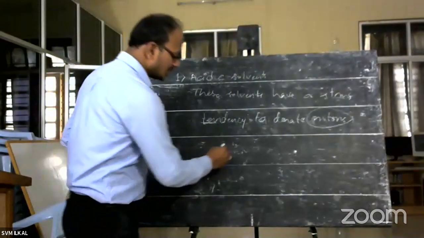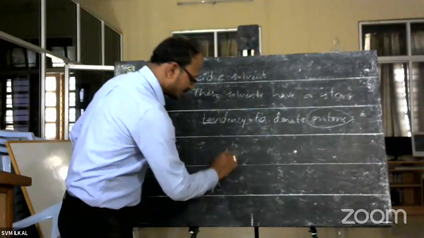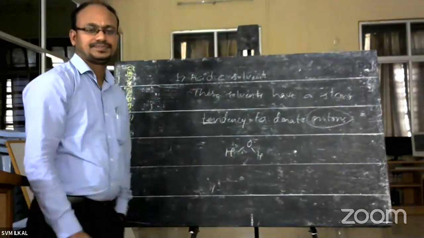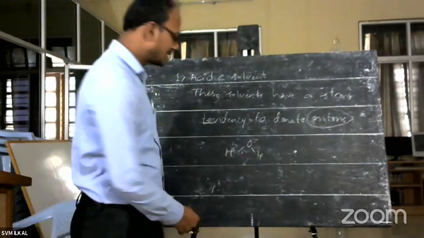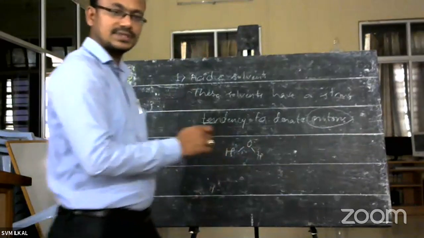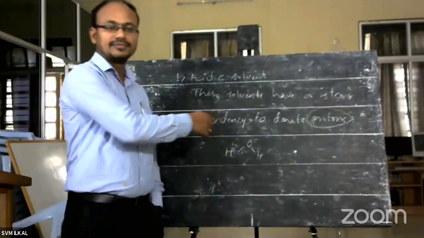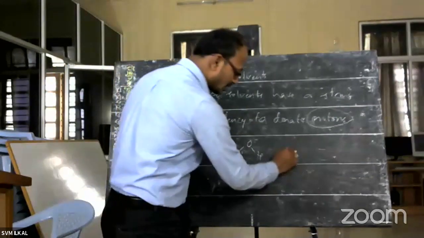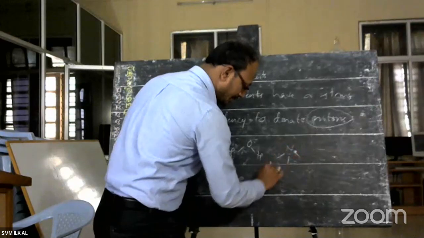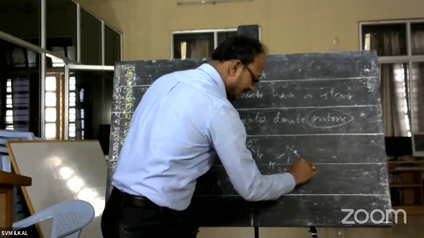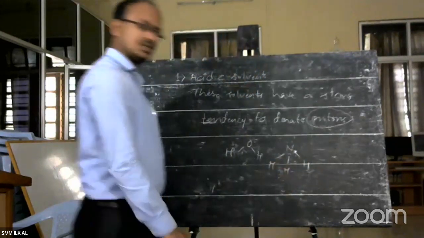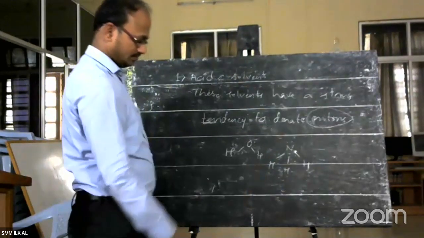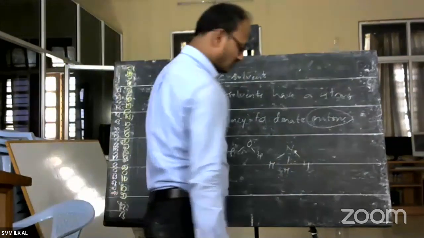For example, water is bent in shape. The question arises, why is water bent? Then ammonia, which you will study in further classes of the same solvent topic, usually appears tetrahedral, in a pyramidal shape. And then boron trifluoride.